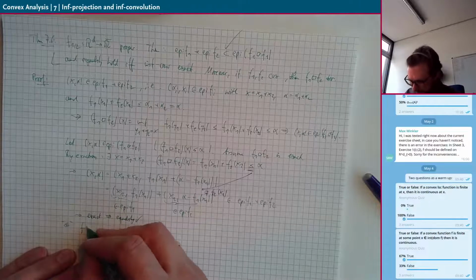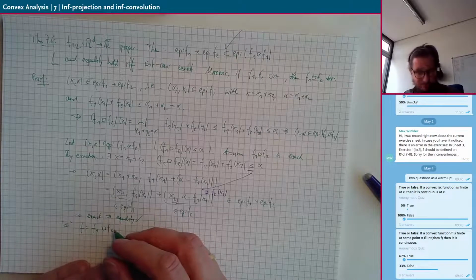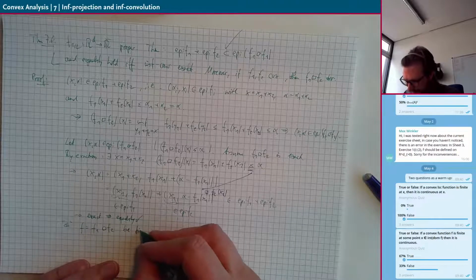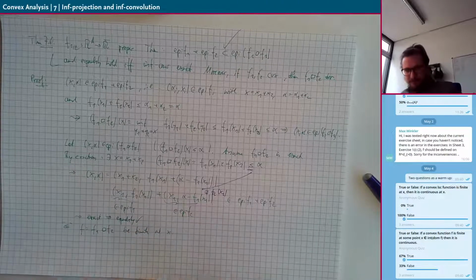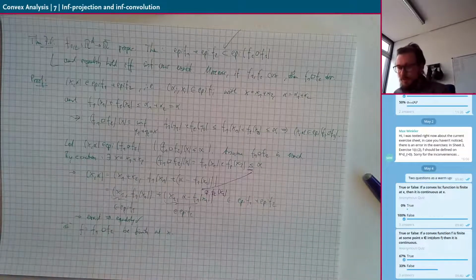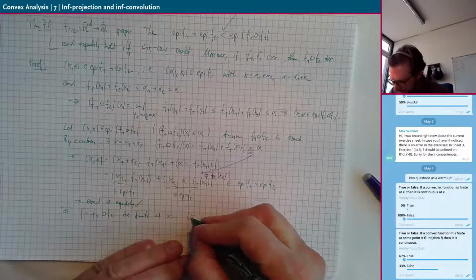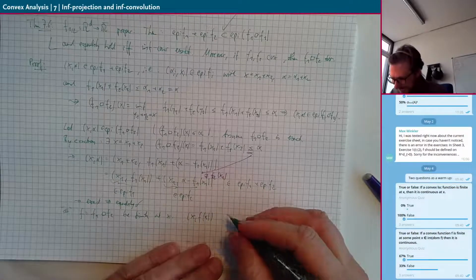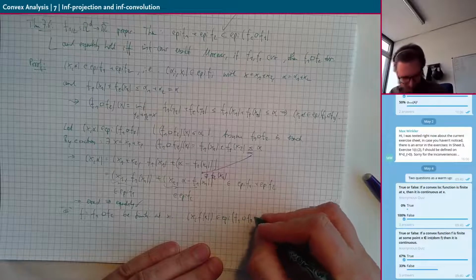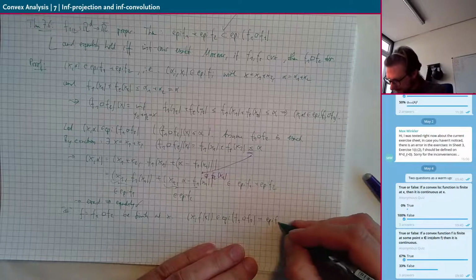We denote by f the inf-convolution of f1 and f2, and we assume that it's finite at some point x, because for points where it's not finite, we don't have to consider anything. So we have the tuple (x, f of x) in the epigraph of f1 convolved with f2, and by our assumption this is the sum of the epigraphs.